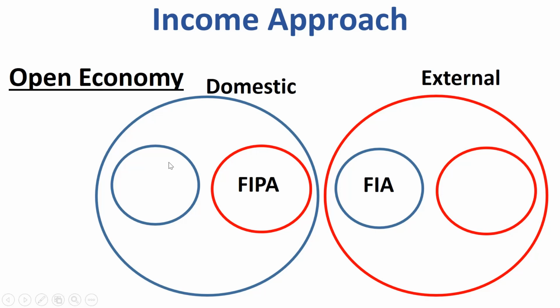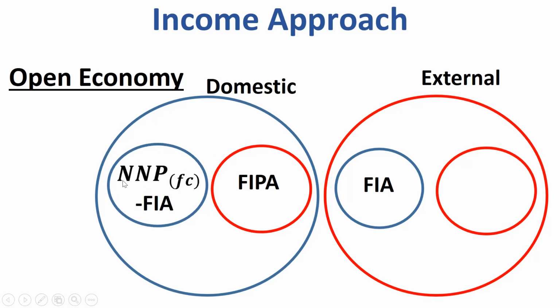So if the part outside is FIA, then we can simply say that the part within is the same as net national product at factor cost minus FIA. It is so simple: this plus that should give us NNP at factor cost. And now, the portion outside is FIA, so what is within is NNP at factor cost minus FIA.